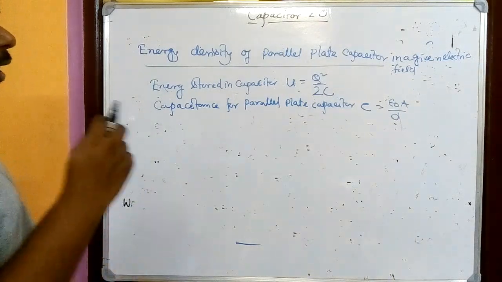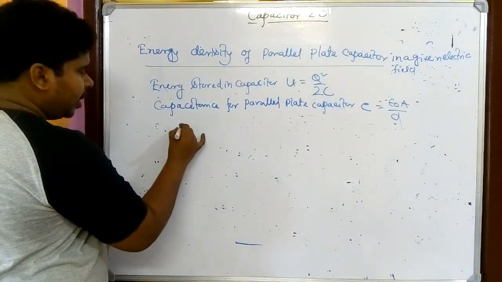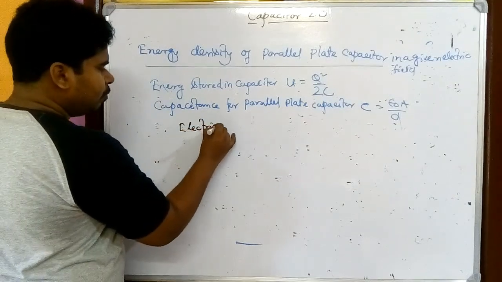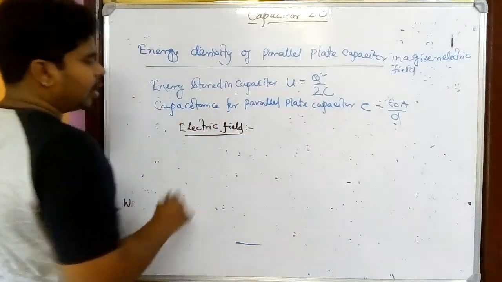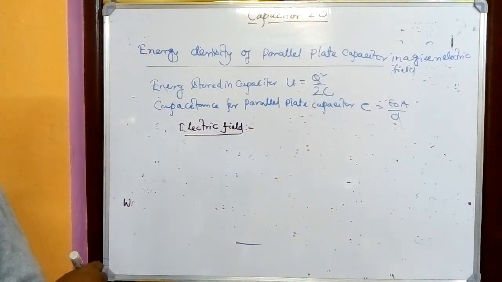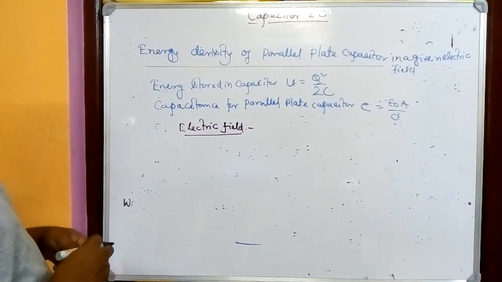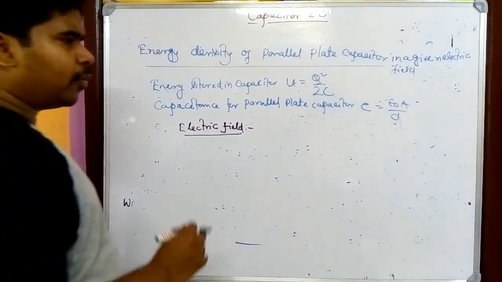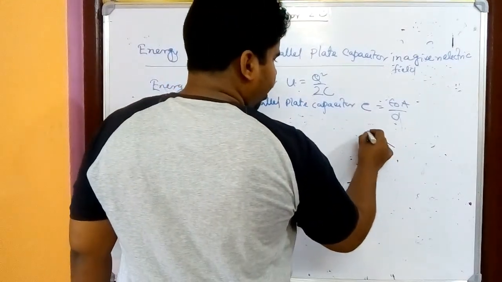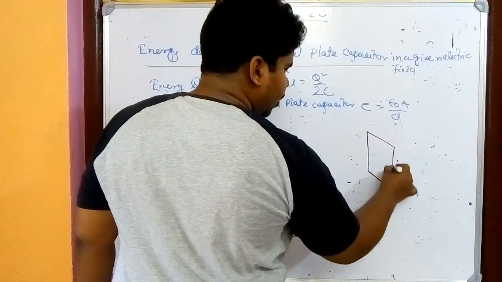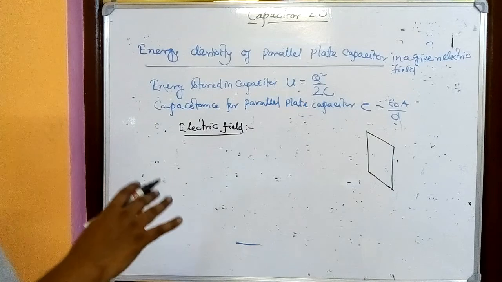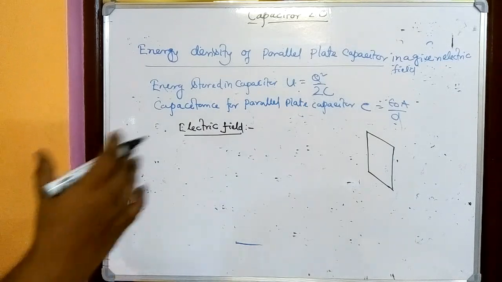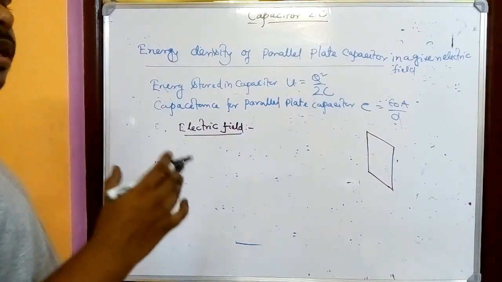Now I am coming to the electric field. We have calculated the electric field of a parallel plate capacitor earlier also, but I am just doing it here because if I write it directly, it will be difficult for you. Whenever we find the electric field of an infinite long sheet, the derivation is given in the electric field chapter.